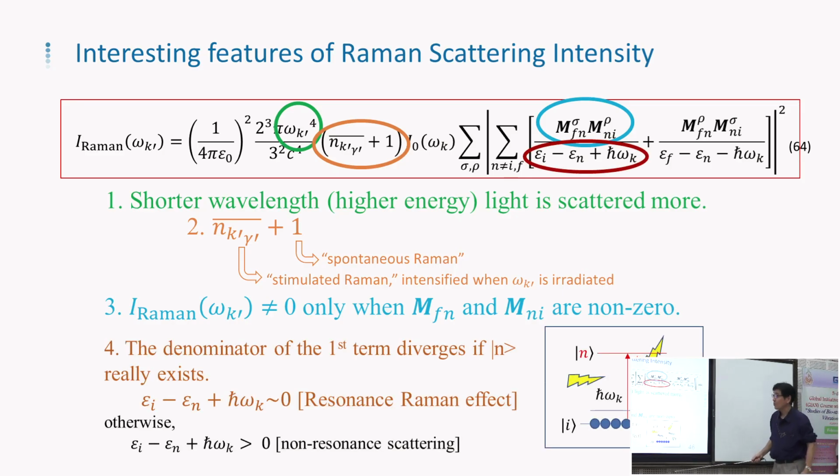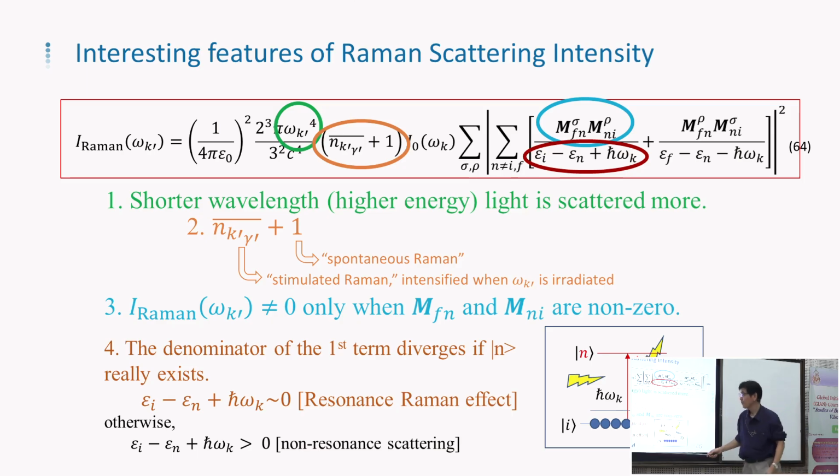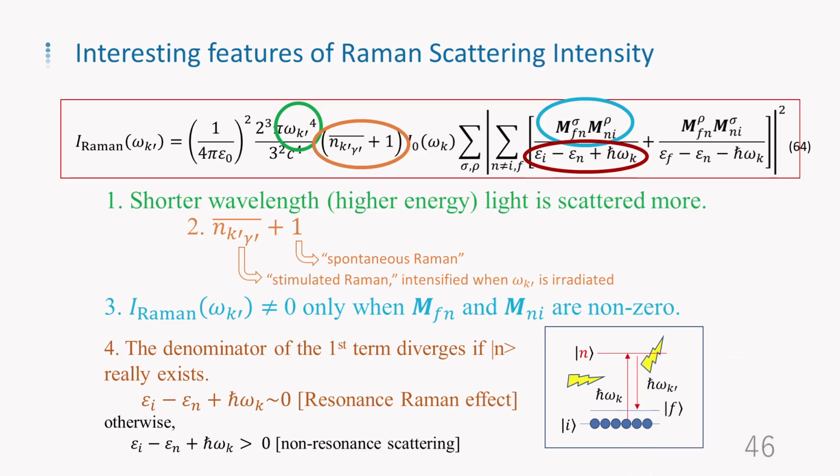One more thing, an important feature. There is a denominator, ħ(ω_n − ω_0 ± ω_k)... The denominator of the first term diverges if n really exists and it satisfies this relationship.